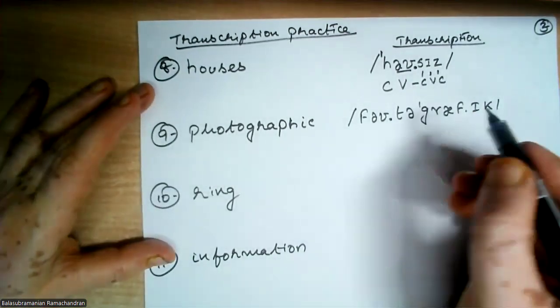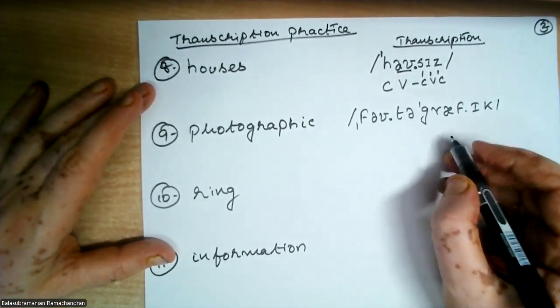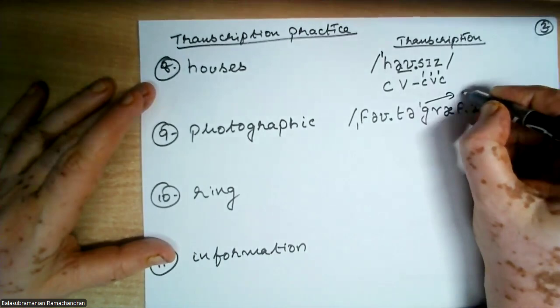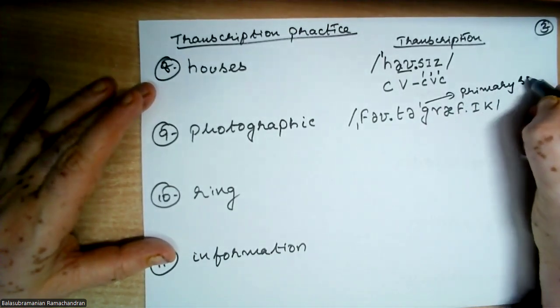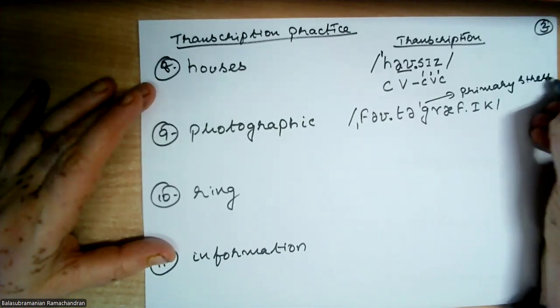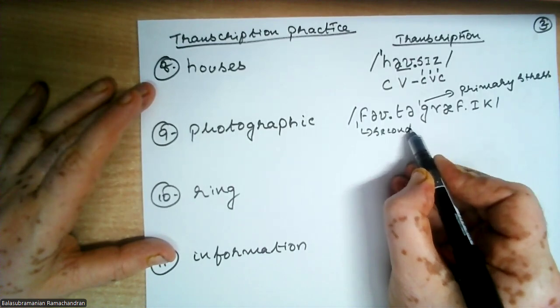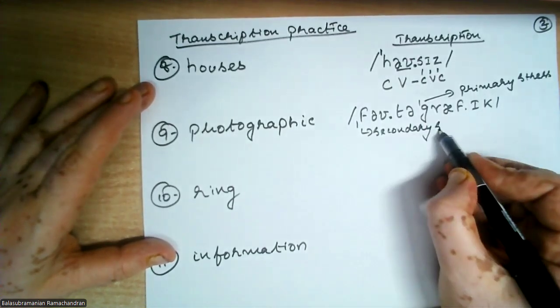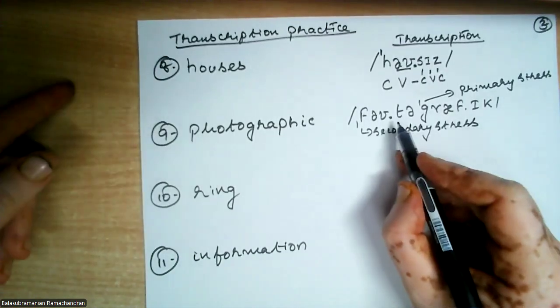Now, if you notice, there is one more. If you look at it, there are 2 stress syllables here. This is the primary stress syllable. This receives the primary stress, and this syllable receives the secondary stress. Both are stressed. Only thing, graph is stressed more than phot.